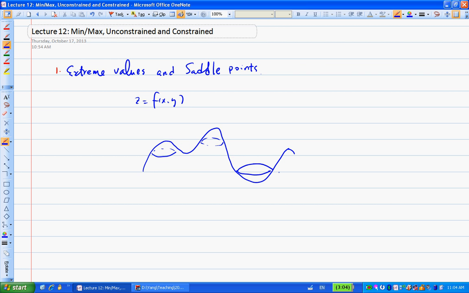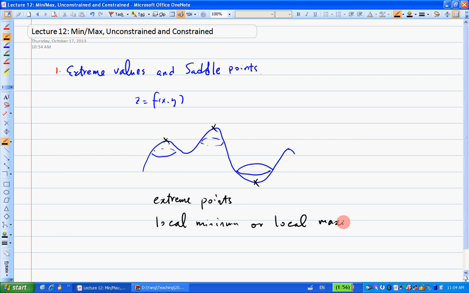It's up and down mountains, right? Now, when we look at this surface, I would call these points extreme points. More specifically, if I look at this point here, I can also call them local minimum or local maximum.